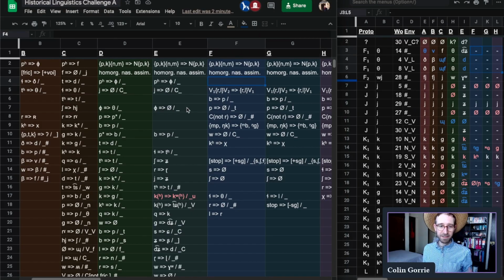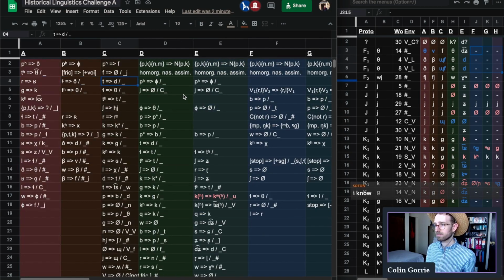So we don't have any evidence from FGH either way. So we might as well... This could be part of proto-DE, the loss, or the turning of p to f, or it could just be, I don't know exactly, or it could be part of, frankly, something very, very early on. I don't know.